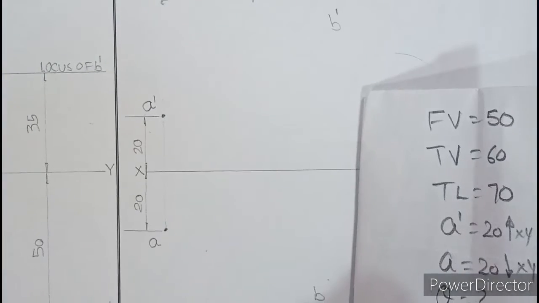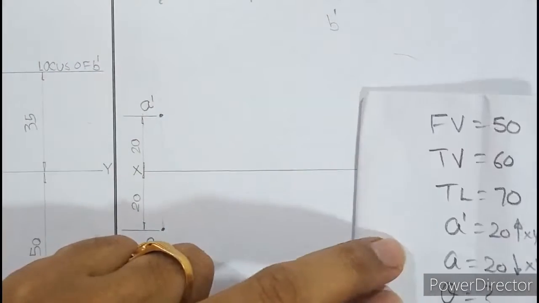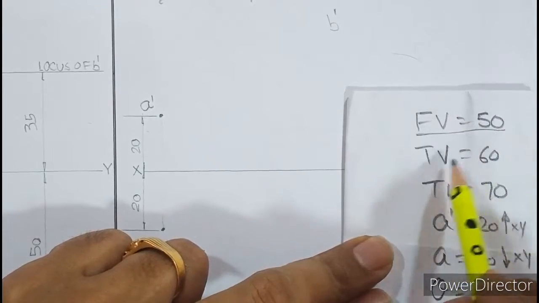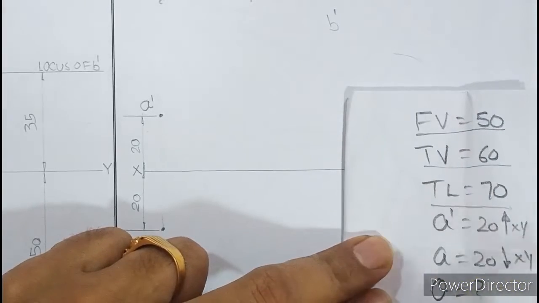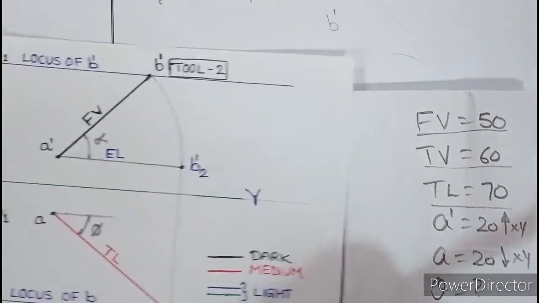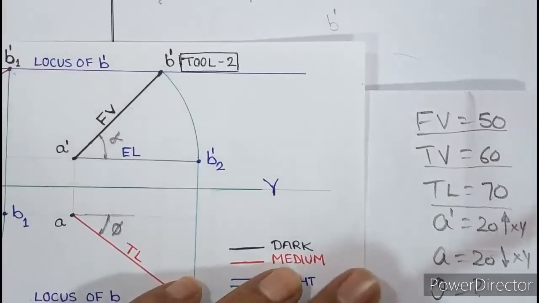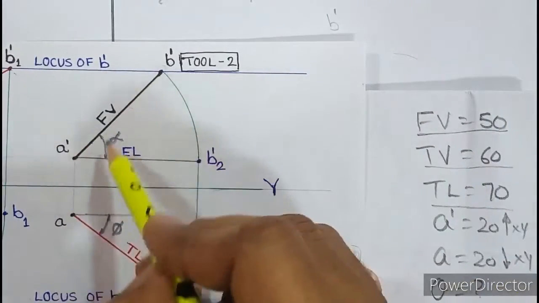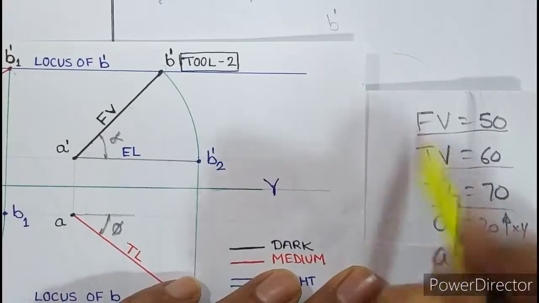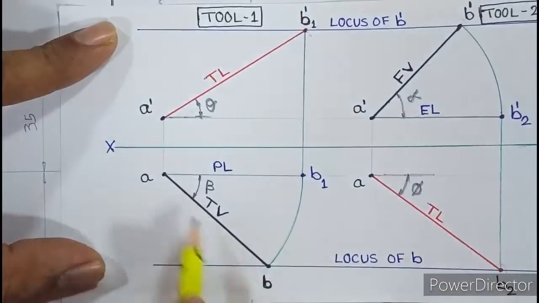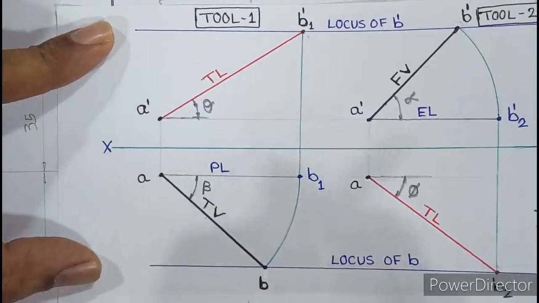Let us understand. The problem with this question is, in the data there are three lengths: front view, top view and true length. But the tool says if you want to draw front view length, the front view lies on alpha, and alpha is not given. Top view is 60 mm, and as per the tool, top view lies on beta, and beta is also not given.